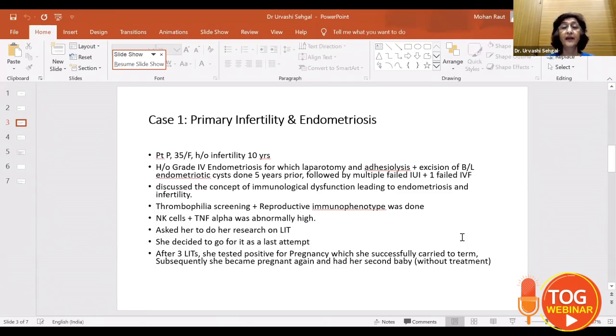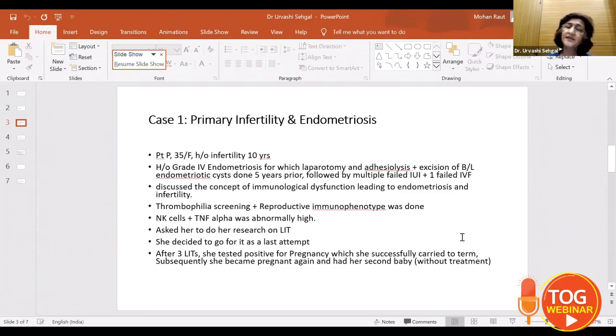She was started on LIT, and after 3 LITs every 2 weeks, surprisingly, and it seemed like a miracle at that time, she tested positive for pregnancy. Her levels kept increasing normally, and she successfully carried that pregnancy to term.